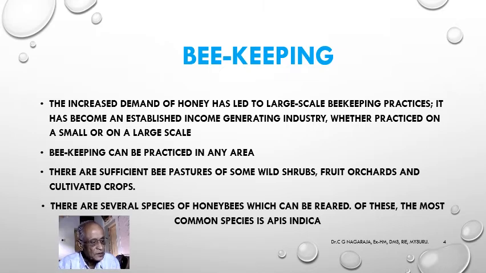So many fields, for example, have sunflower plants, chrysanthemum plants, and so many other types of plants where flowers are produced. Today we have seen tons of flowers being produced every day, every night.